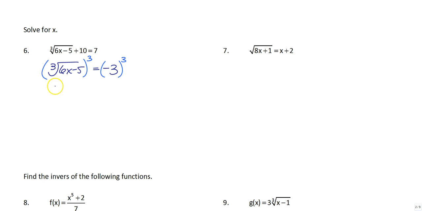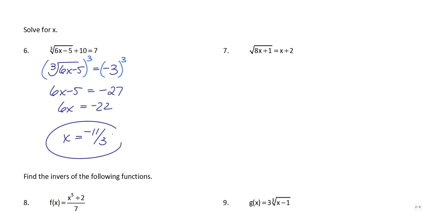That's going to make this part easy because this is now just 6x minus 5, and that's equal to a negative 3 cubed, which is a negative 27. Be careful when you type that in the calculator. Add 5 to both sides, so 6x is equal to a negative 22. Divide both sides by 6, so x is equal to a negative 11 thirds.